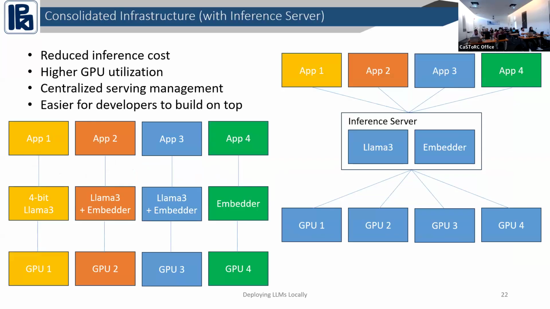So you have this idea of the inference service. So if you have, let's say, access to 4 GPUs, instead of launching one model on each GPU, you have some sort of inference server. You have the model central, and then the resources are all used by this inference server, and the server will decide what's given to each application, for example.